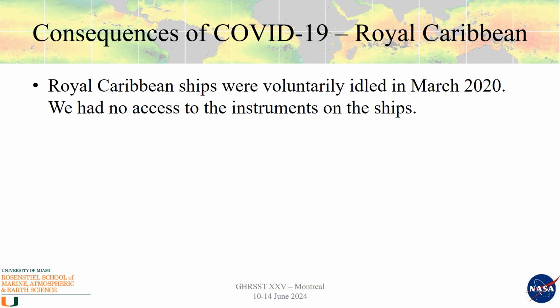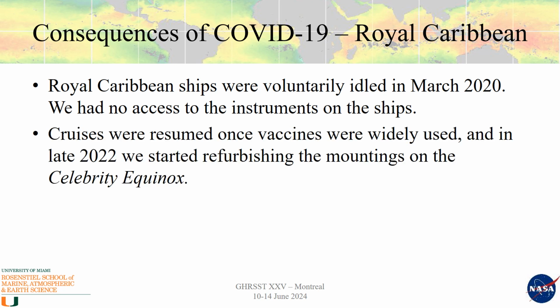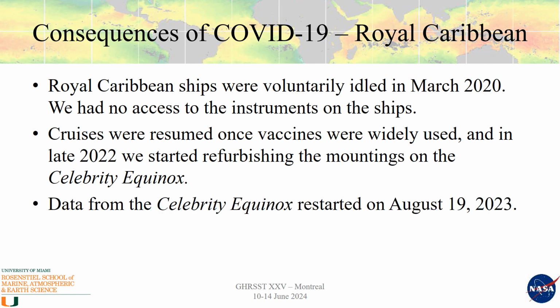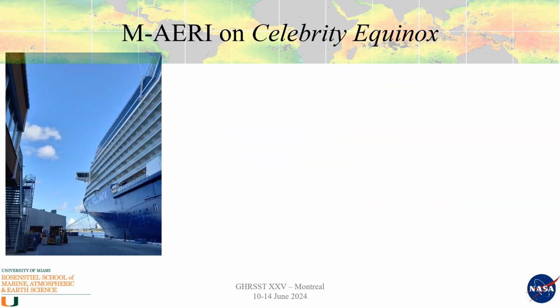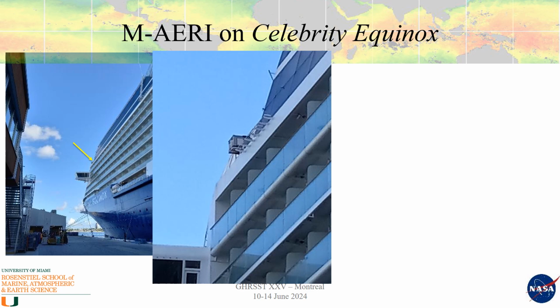We also had instruments on Royal Caribbean cruise ships, which were idle during the COVID pandemic, and we resumed taking measurements in late last year on the Celebrity Equinox. And this is a picture from the dock of the Celebrity Equinox, and there is the M-AERI, a better view of the M-AERI.